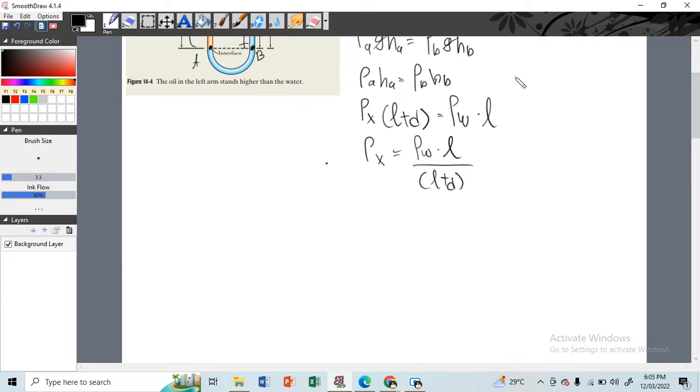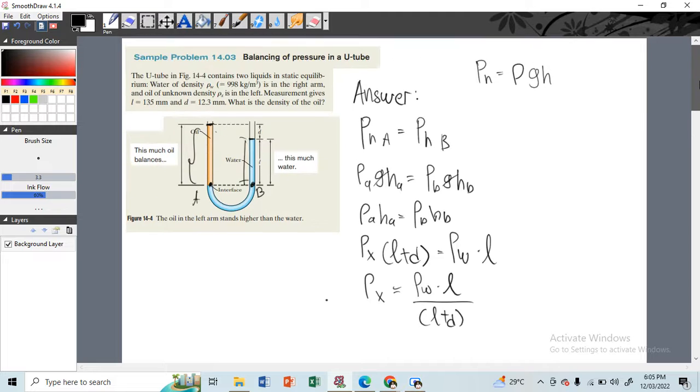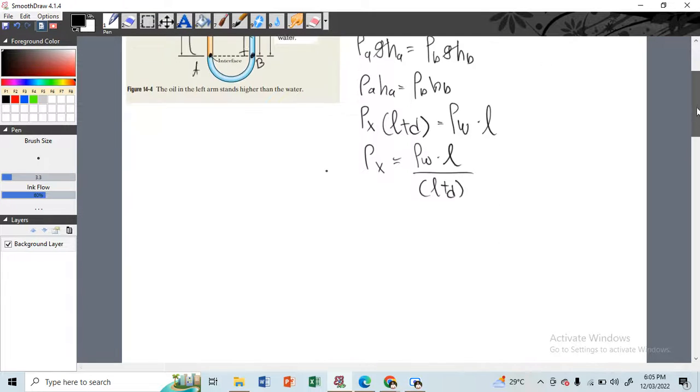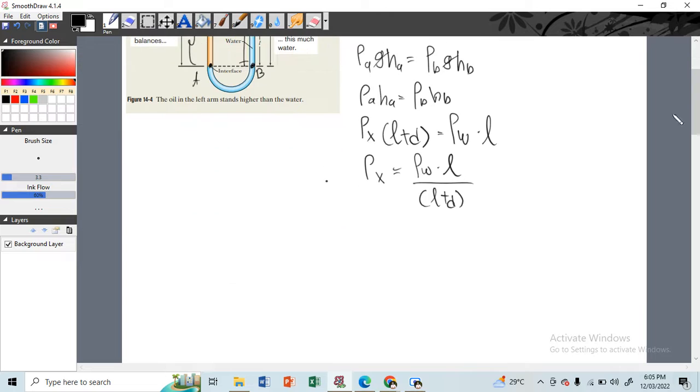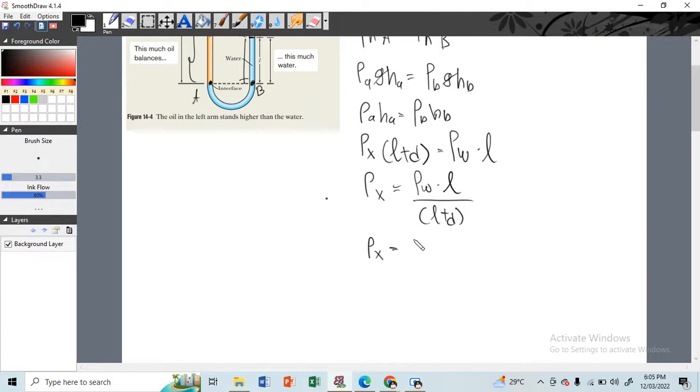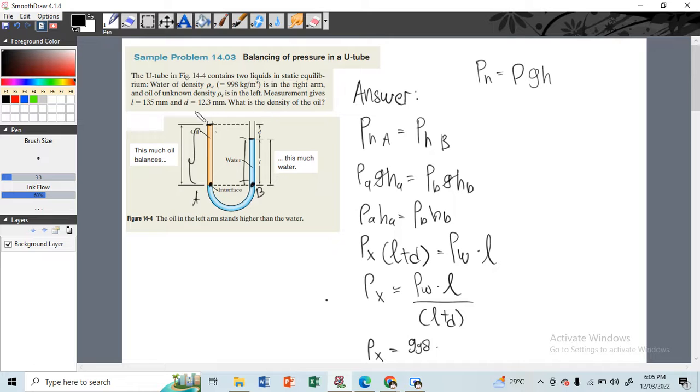So the rest of this is mathematics. We just insert the values that we had in the question. What is the rho of the water? 998 times L. What is L? L is 135 millimeter. Because in the density we use the unit kilogram per cubic meter, so we use metric units here.